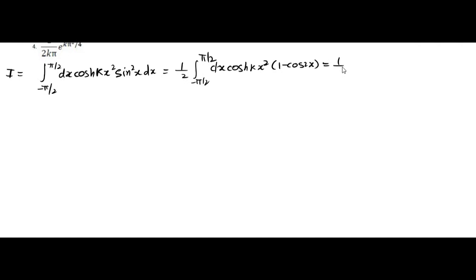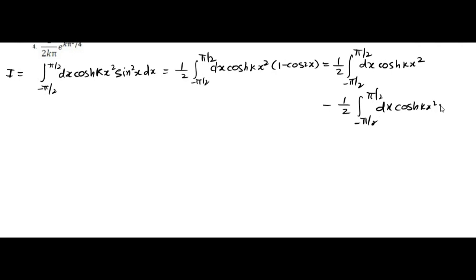This can be clearly written as 1 over 2 integral from minus pi over 2 to pi over 2 dx cosh(k x square), minus 1 over 2 integral from minus pi by 2 to pi by 2 dx cosh(k x square) cos 2x. Let me call this integral I1 and this integral I2. So I will be equal to I1 minus I2.